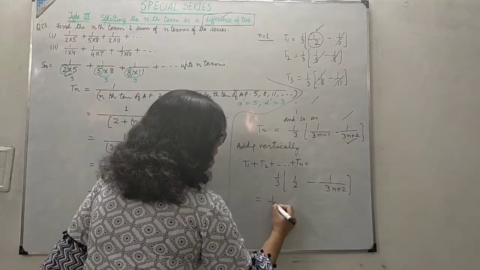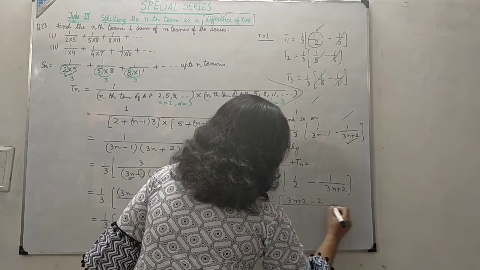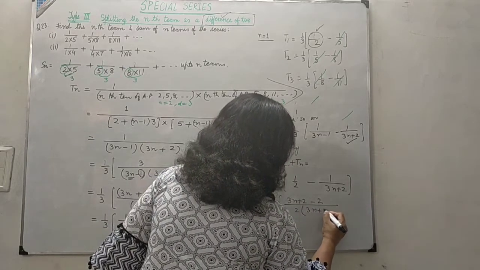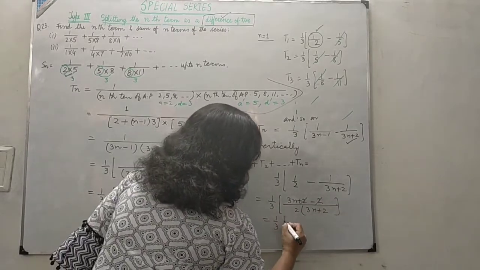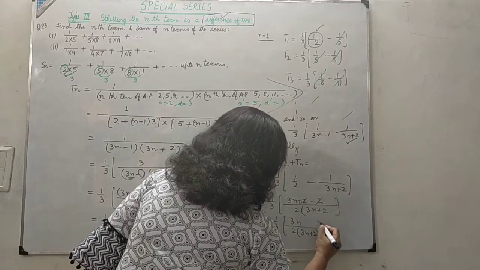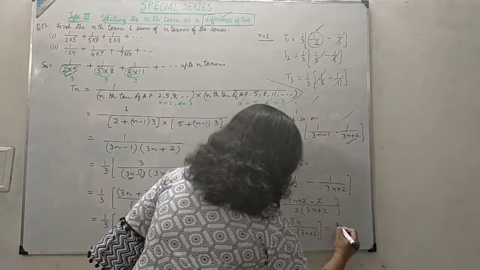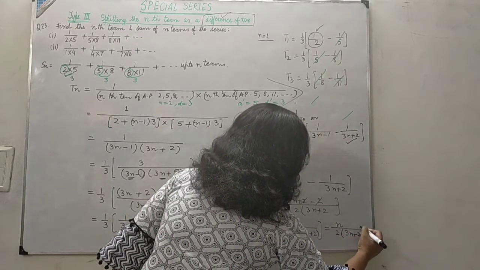And after that we have 1 by 3 into 3n plus 2 minus 2, by taking the LCM in the denominator. We can cancel this, and further 3n by 2 into 3n plus 2. This gets cancelled, and so we are left with n upon 2 into 3n plus 2 as the answer.